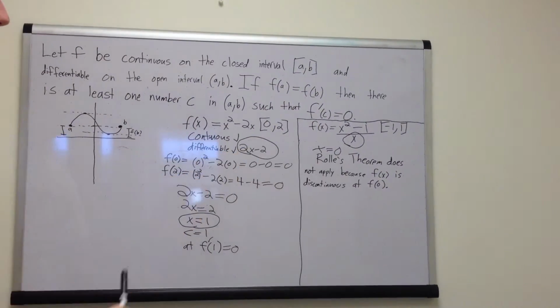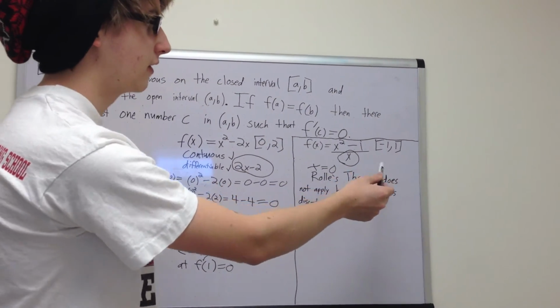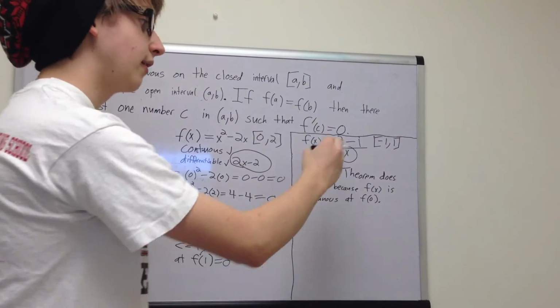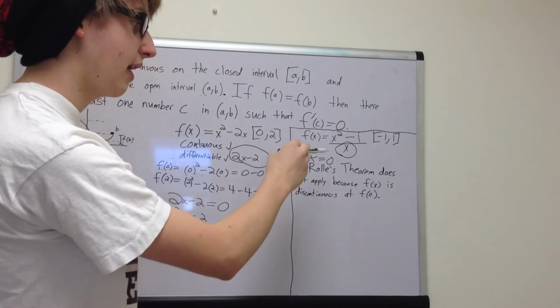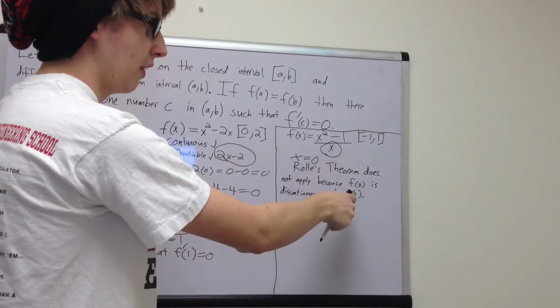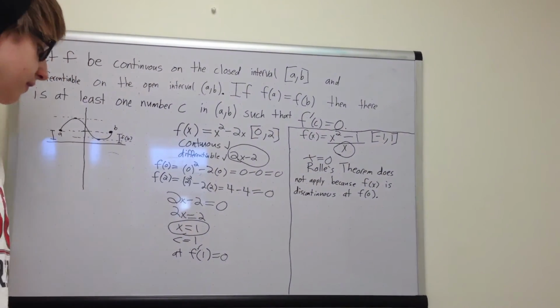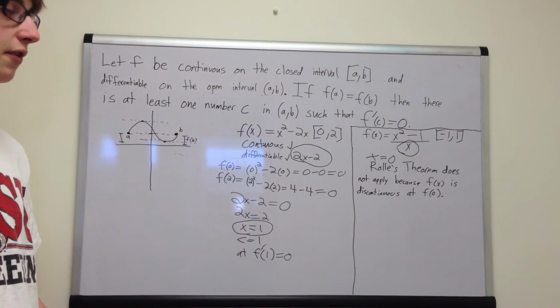Okay, so that one's done. But if we had a different interval on this, say 1 to 2, then we wouldn't care that this would be discontinuous at 0 because 0 wouldn't be inside the interval. Okay, so that's a basic overview of Rolle's theorem.